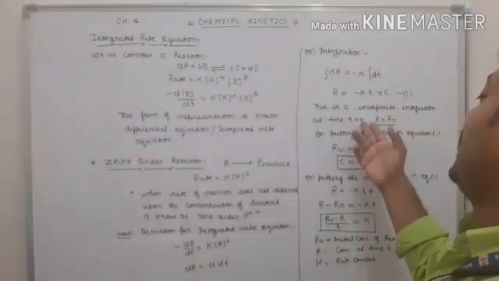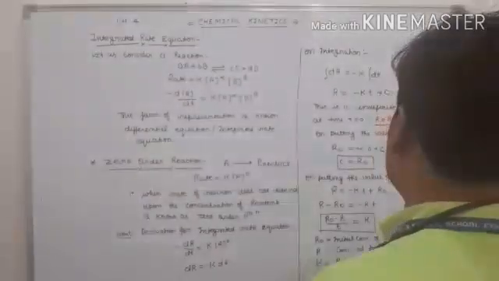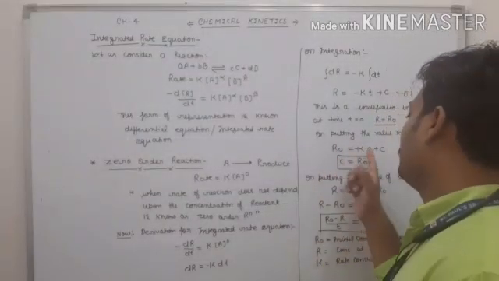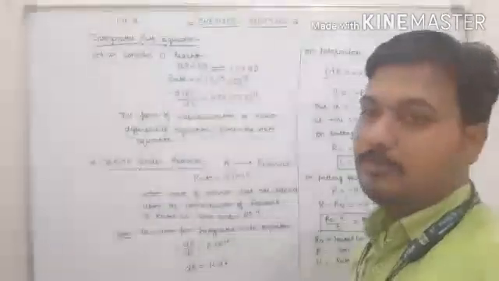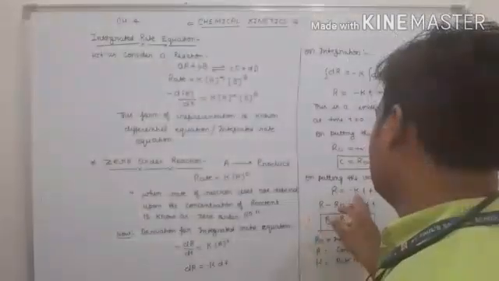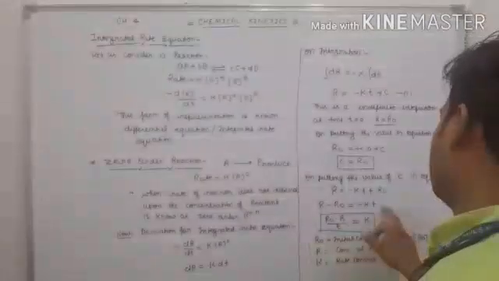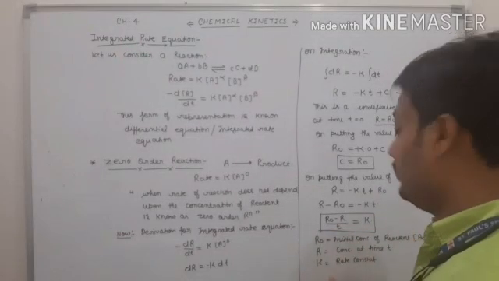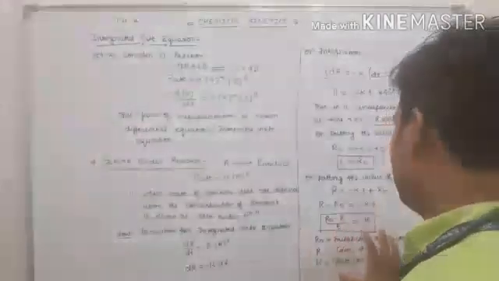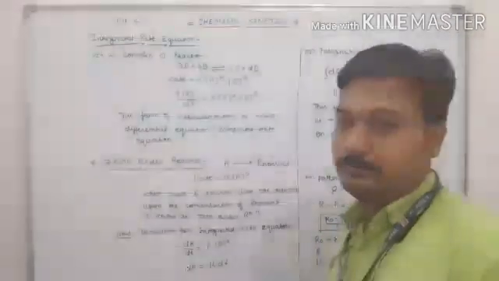Then at time t equal to 0, R is equal to R naught. On putting the value in equation first, R naught is equal to minus K into 0 plus C. So C is equal to R naught. On putting the value of C in equation first, R is equal to minus K into t plus R naught. R minus R naught is equal to minus K into t. We calculate the integrated rate equation in this way. So finally I think you got it all.